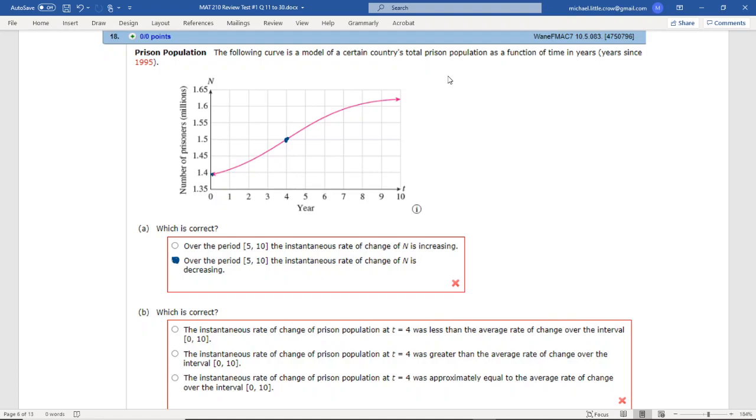If we draw this tangent line, it appears to be a little bit more steep, so that would give a greater rate.